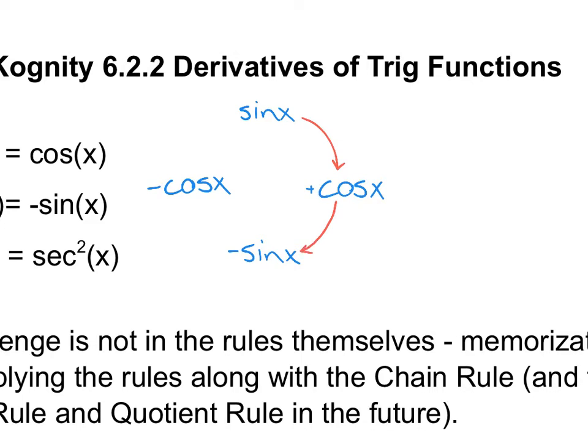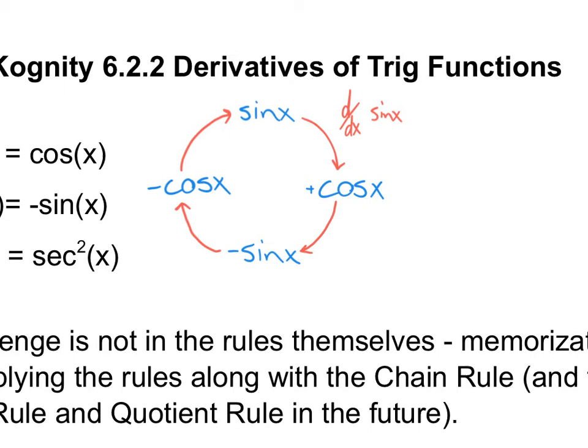What do you think the derivative of negative sine is? And the derivative of negative cosine is? Sine. Okay? So if we're taking the derivatives, the derivative of sine x is cosine, and so on. If you rotate around this little circle clockwise, it'll tell you what all the derivatives are.